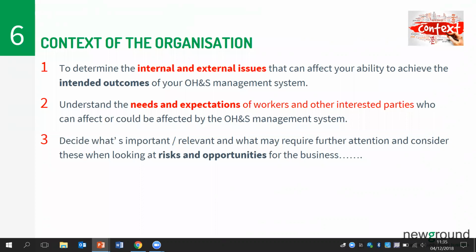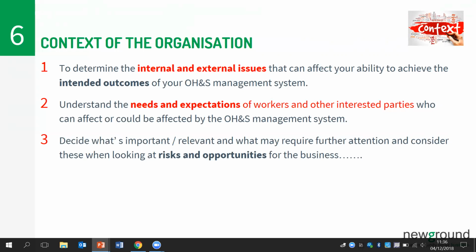So context of the organisation is intended to be done at a strategic level with top management involvement. And it could be that this information already exists within the business, and if it does, don't reinvent the wheel. Just ensure that when you're looking at issues and when you're looking at the needs and expectations of your workers and any other interested parties or stakeholders to your business, that you have considered safety matters alongside this.